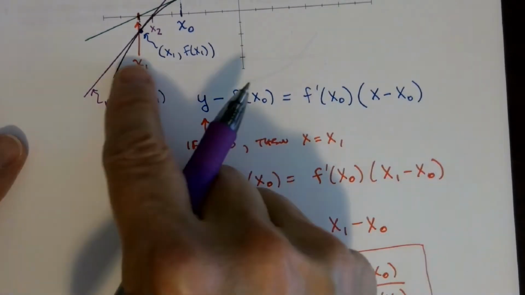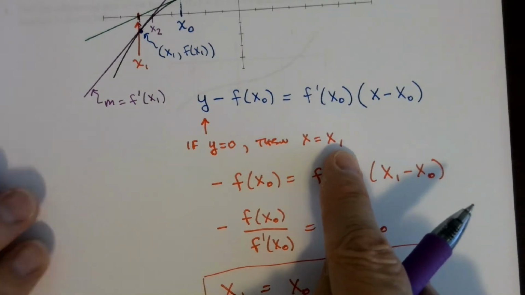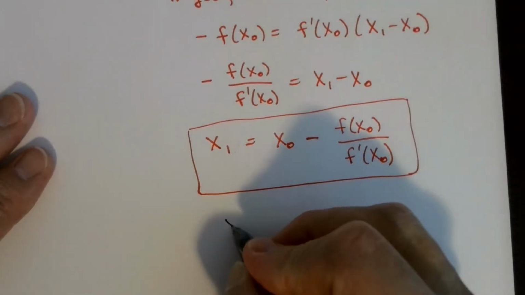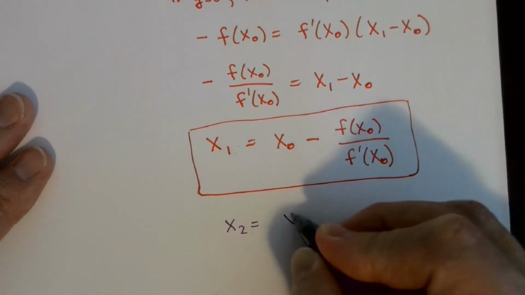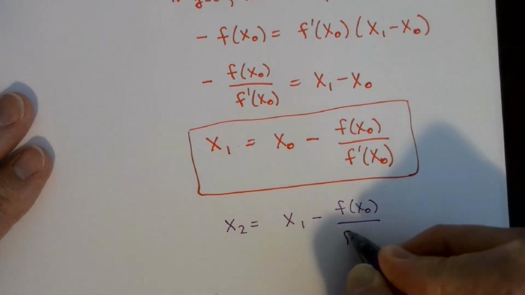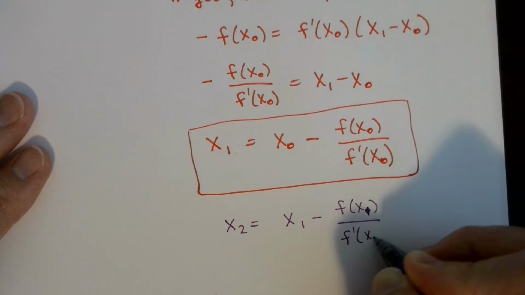And now to find x sub 2, I let y be 0, and then x becomes x sub 2. And if I do that process and solve, I'm just going to get this. x sub 2 is x sub 1 minus f of x sub 1 over f prime of x sub 1.